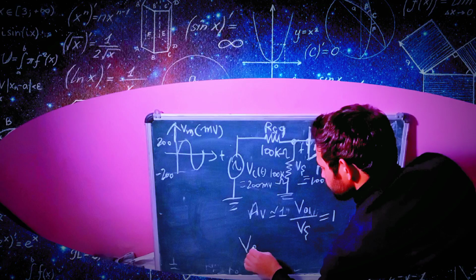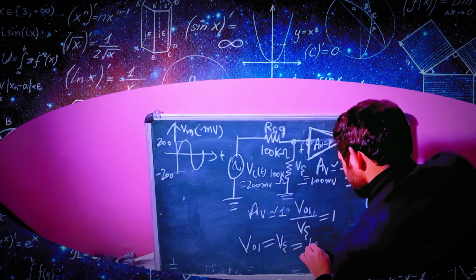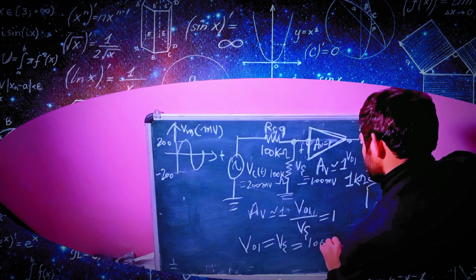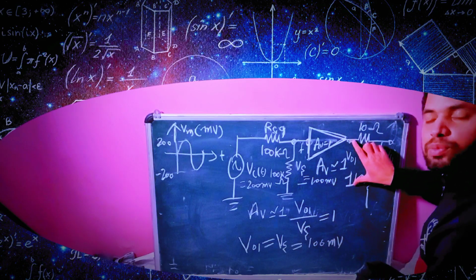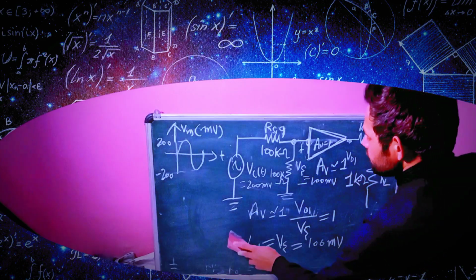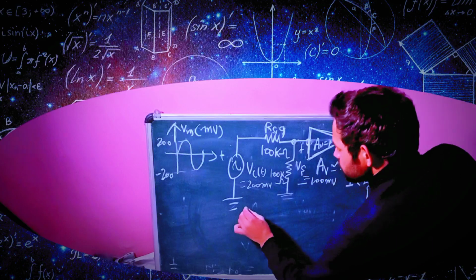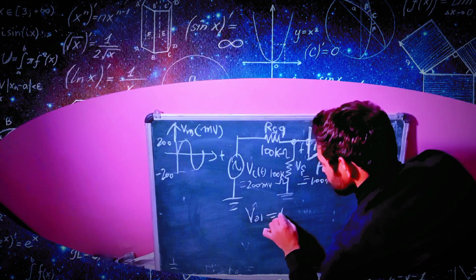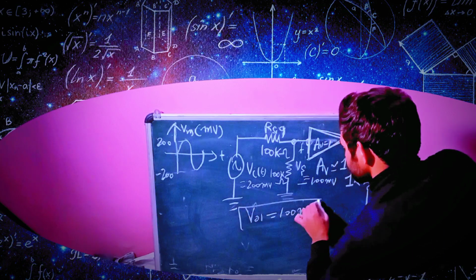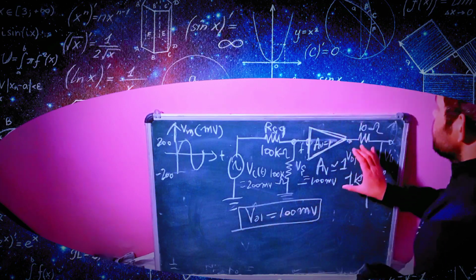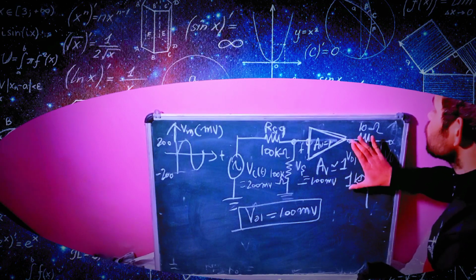This means that V01 is also equal to Vs, which is equal to 100 millivolt. Yes, 100 millivolt is the voltage that we are getting at the output of the voltage buffer circuit.